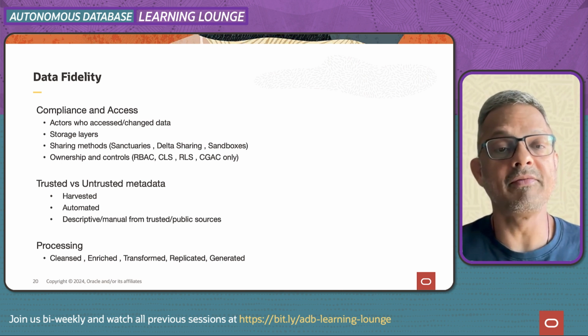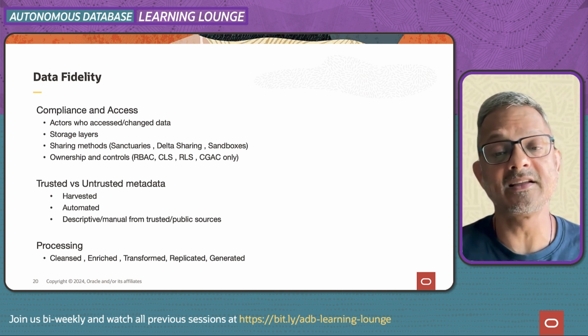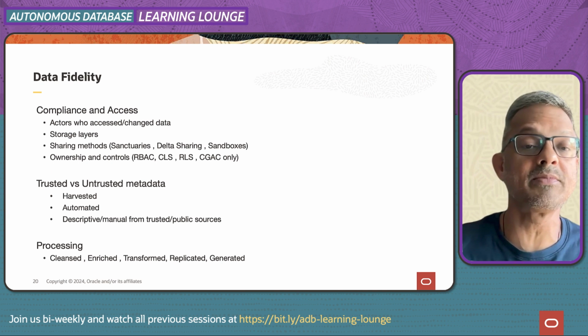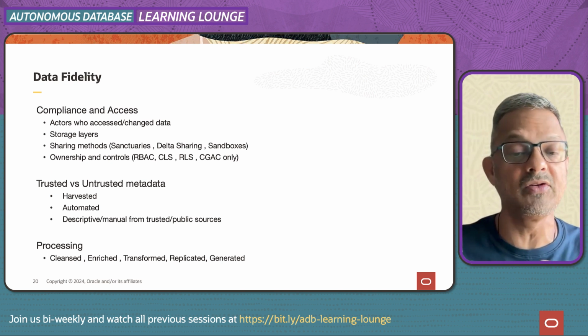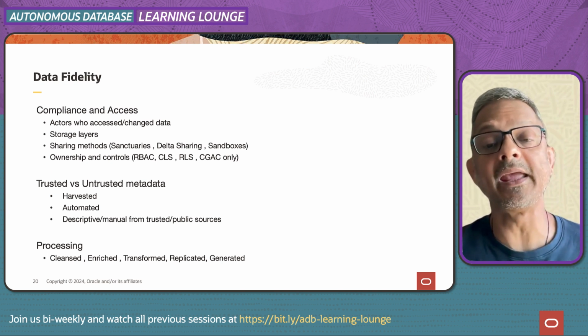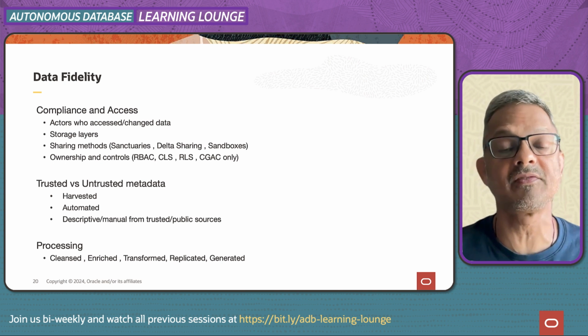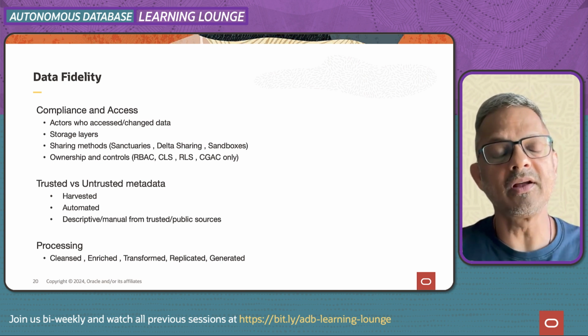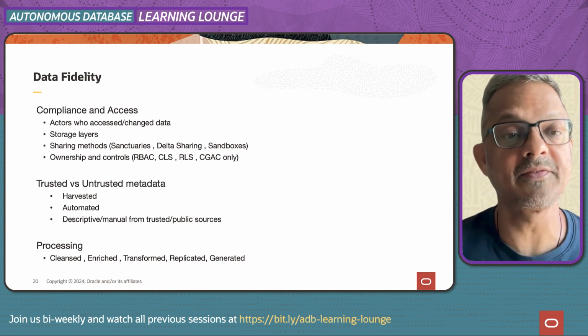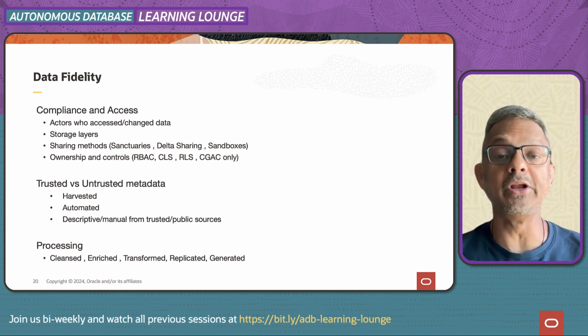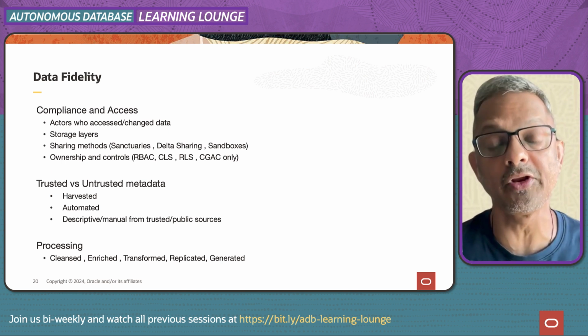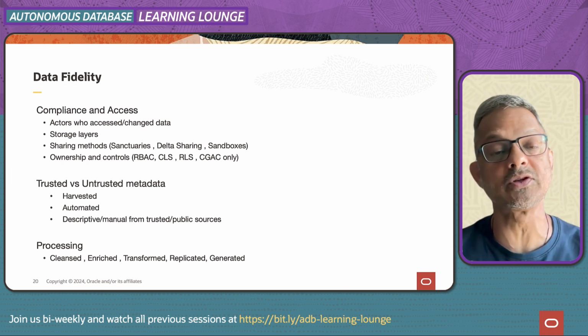And then you have various actors who access data, some of them part of your business, some of them outside the business. You create sanctuaries, you share the data by replicating it. There is exfiltration of data that happens for this purpose. So there are a lot of things going on in terms of compliance and access, but you need to keep an audit on what you do with your data, who you open it up to, and so on.